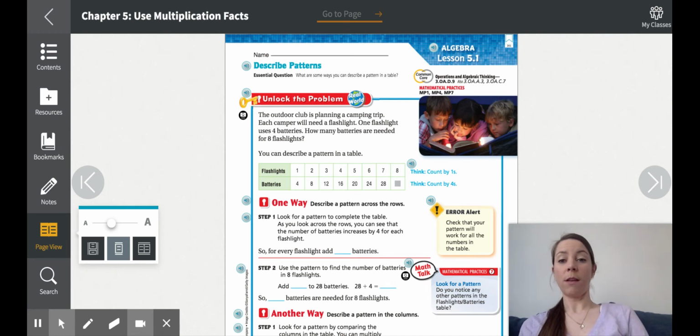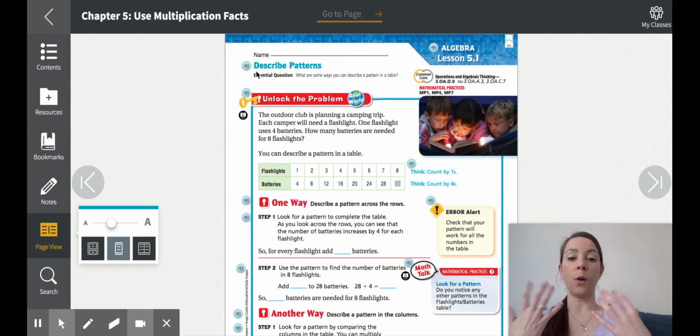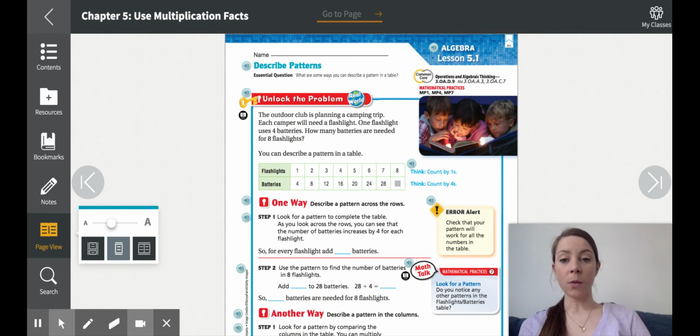So, our first lesson today is describing patterns and thinking about what we know about multiplication to help us notice some patterns in tables or other places. The essential question: what are some ways you can describe a pattern in a table?